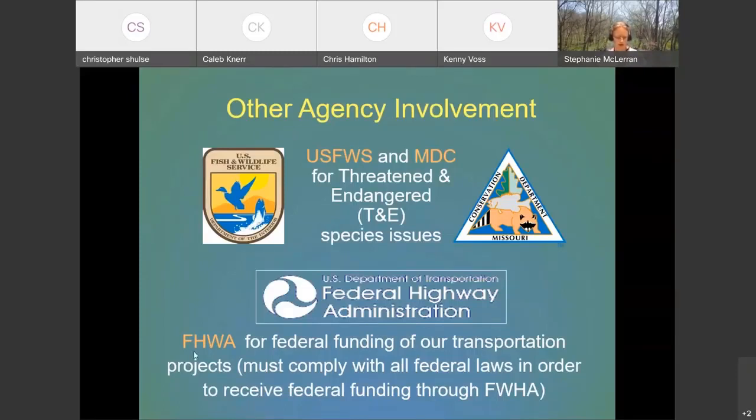Then NRCS can also potentially be involved. For example, if there's a Wetland Reserve Program property near a project, we might have to work with them. But a note on the Wetland Reserve Program, or WRP, if you ever see a comment in an RES about there being WRP property near the project, if you can do everything possible to avoid impacting it, that's the best scenario.